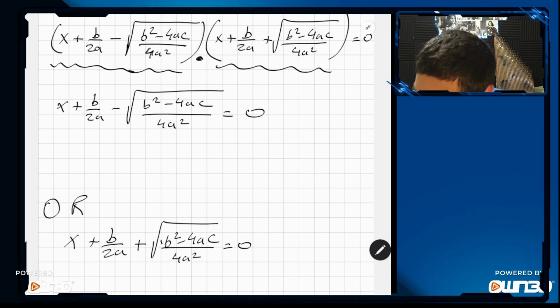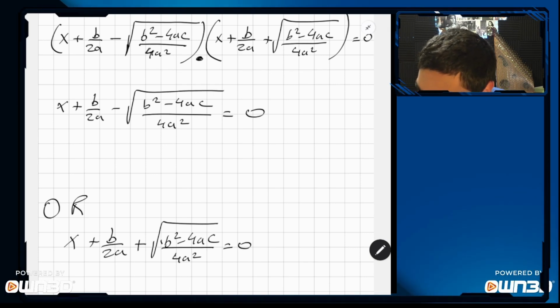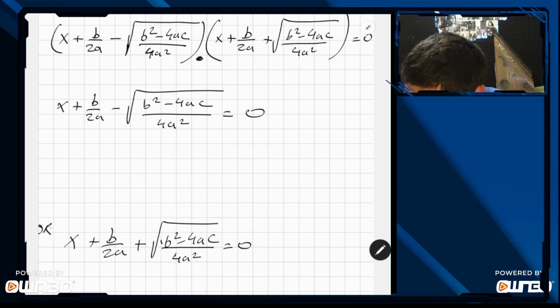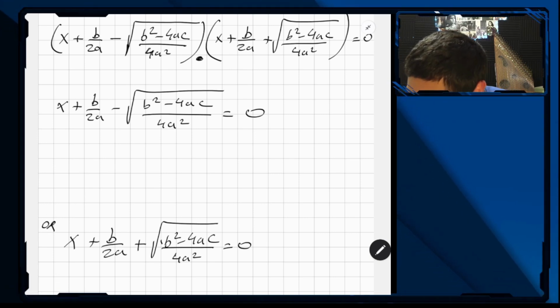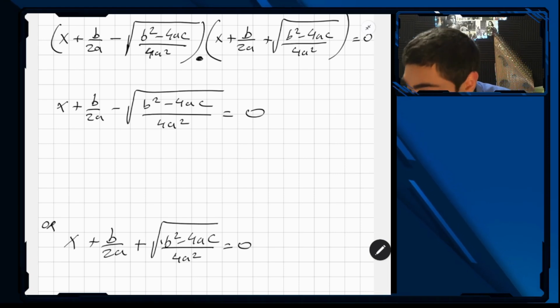Either the first one equals 0 or the second one equals 0. Now let's work with only one, and it will be similar for the other one because they look very similar.